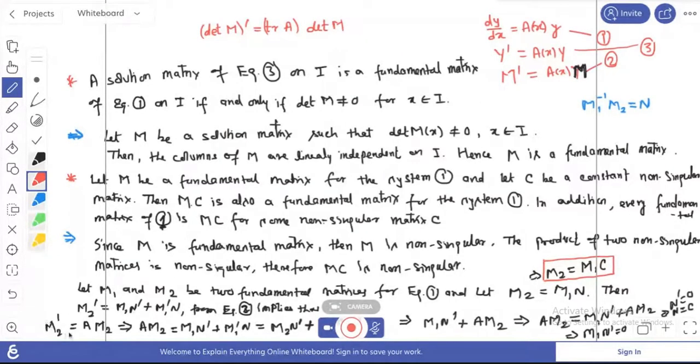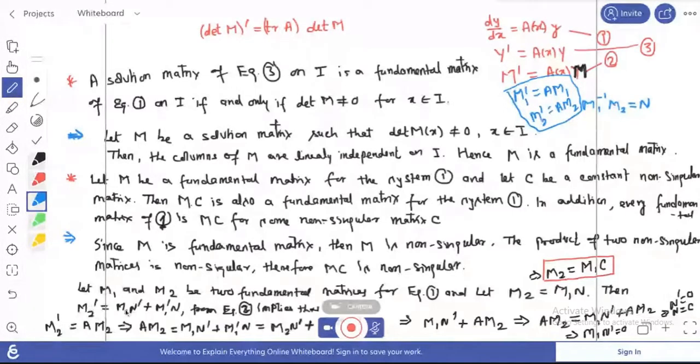Here, if M1 and M2 are fundamental matrices, then M1 prime will be AM1 and M2 prime will be AM2. Clear? This is what we have if M1 and M2 are fundamental matrices. So we wrote here that M2 prime is AM2.